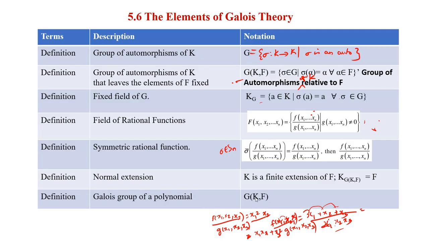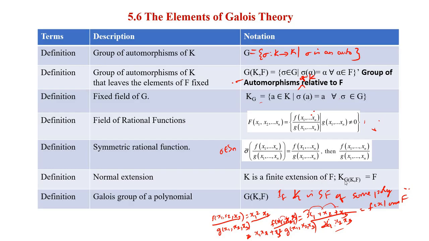When K is the splitting field of some polynomial, say f of x over F, then G(K,F) is all those mappings sigma from K to K such that sigma is an automorphism and leaves all the elements of the base field F fixed.